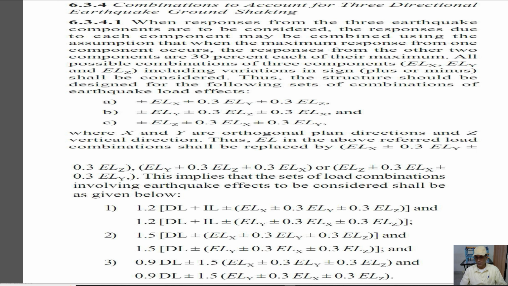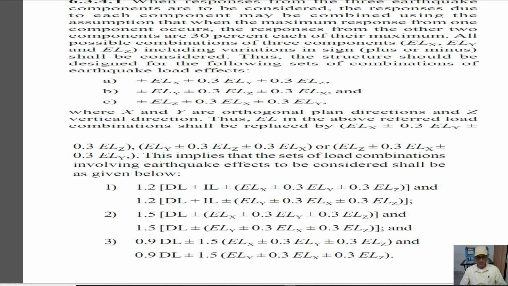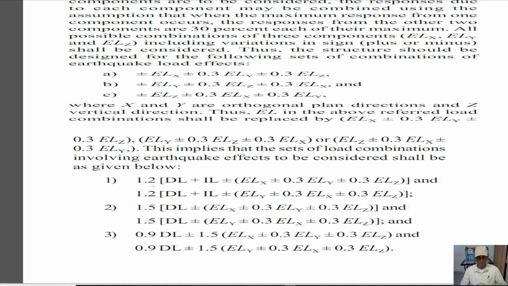So ELX, 0.3 ELY, 0.3 ELZ. But in the last lines of this section, it doesn't consider ELZ in full. See, 1, 2, 3, 4, 6 cases are given, whereas there is a case where ELZ in full has to be considered.